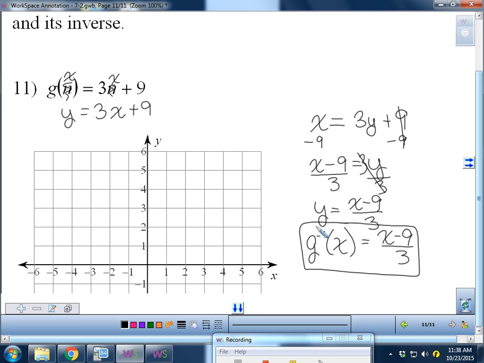Okay? And there that is. I'm going to save the inverse stuff for graphing for later. Okay. All right. I think that's about it.